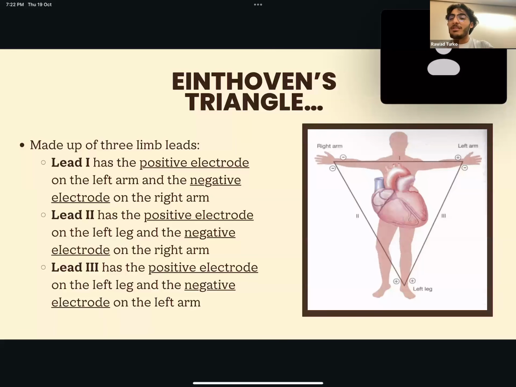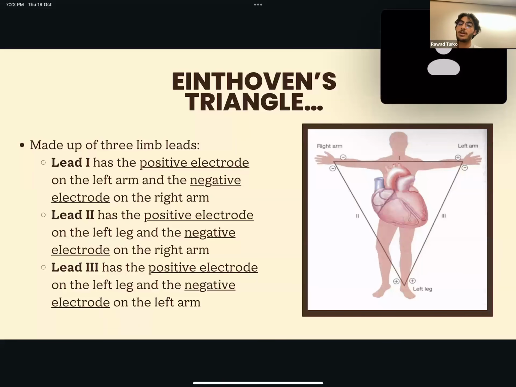Okay, finally, we have lead 3. Lead 3 has the positive electrode on the left leg and the negative electrode on the left arm. Okay, so this time we're still getting an inferior view, but instead of it being in this direction, which is lead 2, it's in the opposite direction for lead 3. Okay, so in lead 2, let's just reiterate, lead 2 has the positive electrode also on the left leg, but this time we're looking up in the direction of the right shoulder, right?